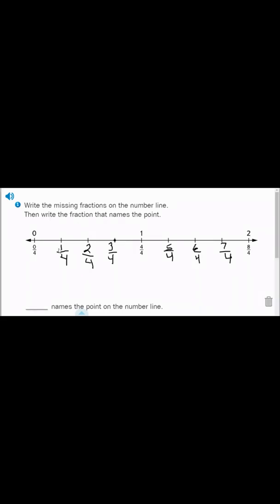So I've also gone through and changed the numerators at the top to reflect what our number line should be. If you need a review of how to do that, you could look back at our video from last week. Okay, so it says, what is the missing point here? Well, we see that the point is right here at our 3/4 mark. So we're going to write 3/4 right here.